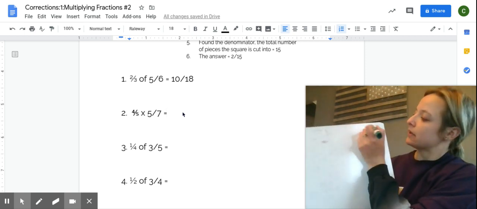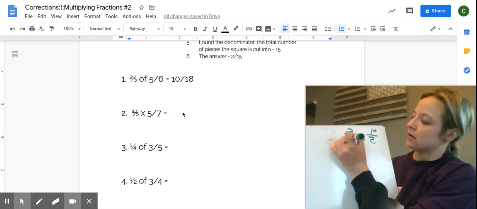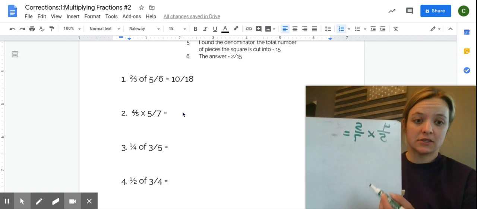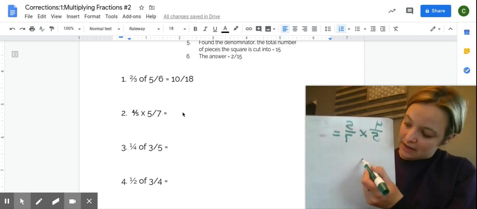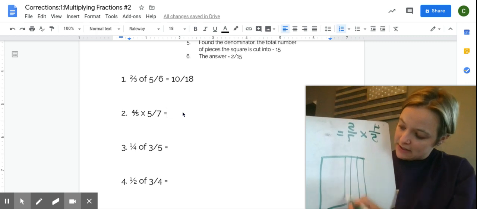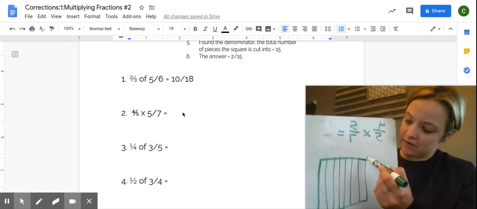All right, number 2, it says 4/5 times 5/7. And I apologize if my handwriting gets a little messy. Okay, so first things first, 5/7. I'm going to make my square and cut it into 7 pieces. 1, 2, 3. And shade in 5 of them.